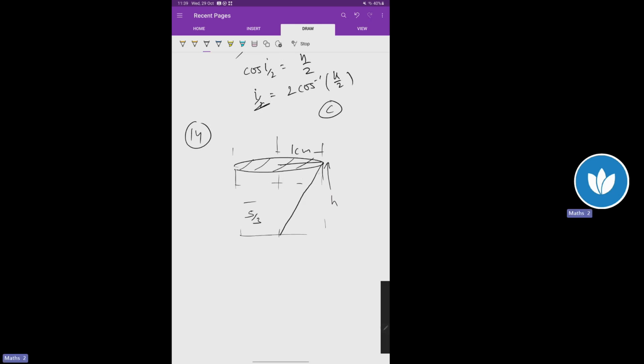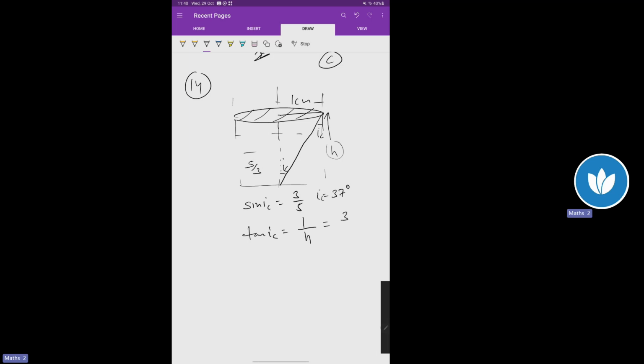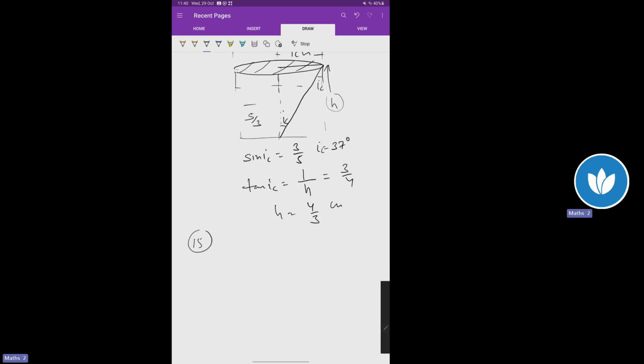So for TIR, this is IC, this is also IC. Sin IC is 3 by 5, means 37 degree. IC is 37 degree. And we need this H. So tan IC is equal to 1 centimeter divided by H. And tan IC is 3 by 4. So H is 4 by 3. Option B.